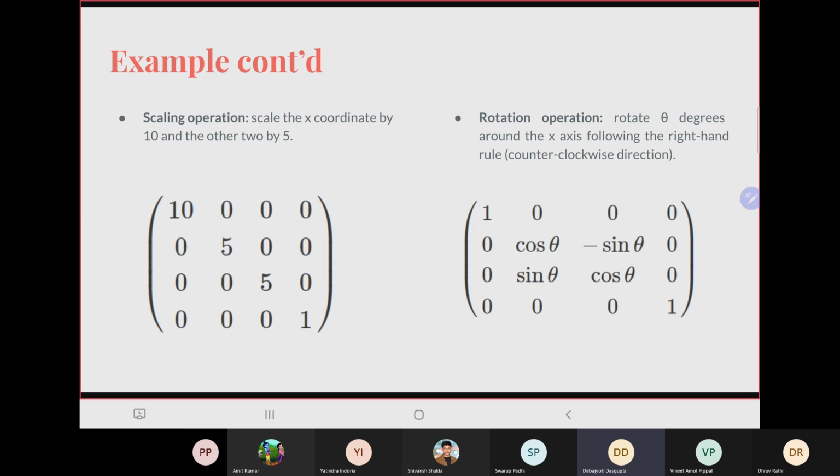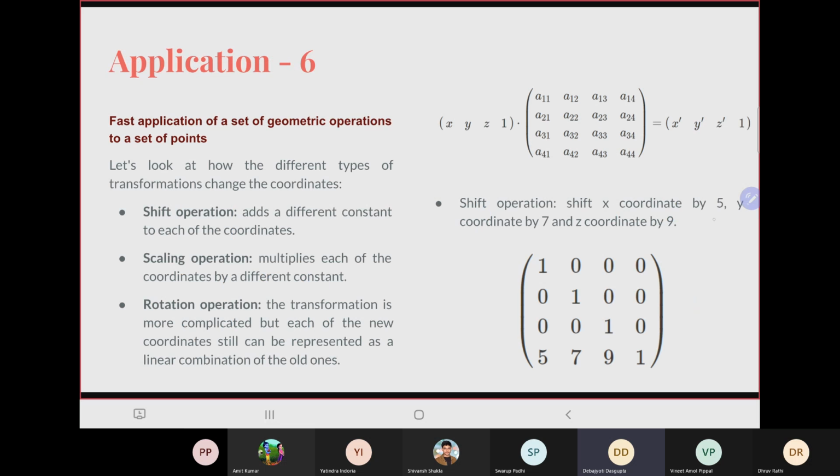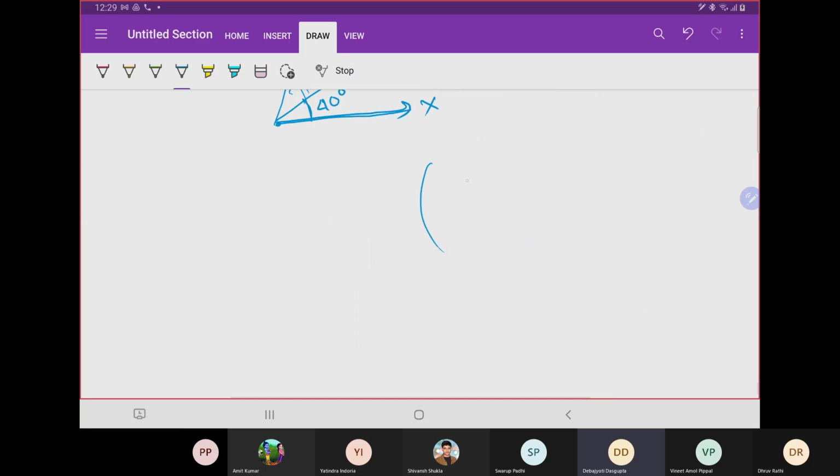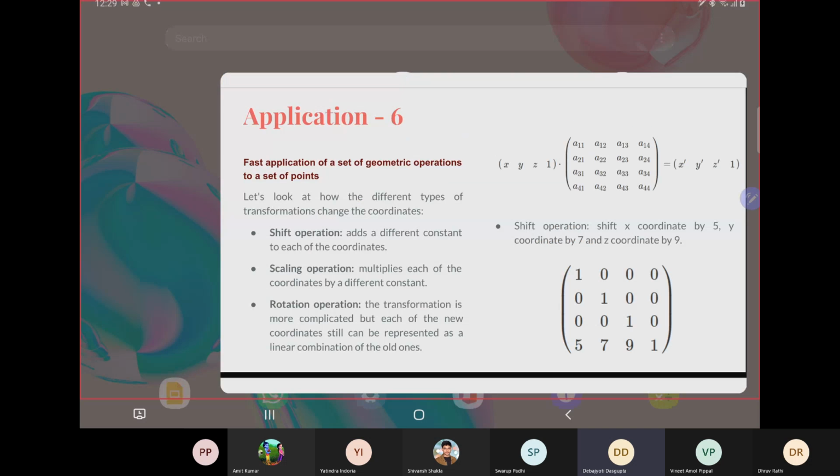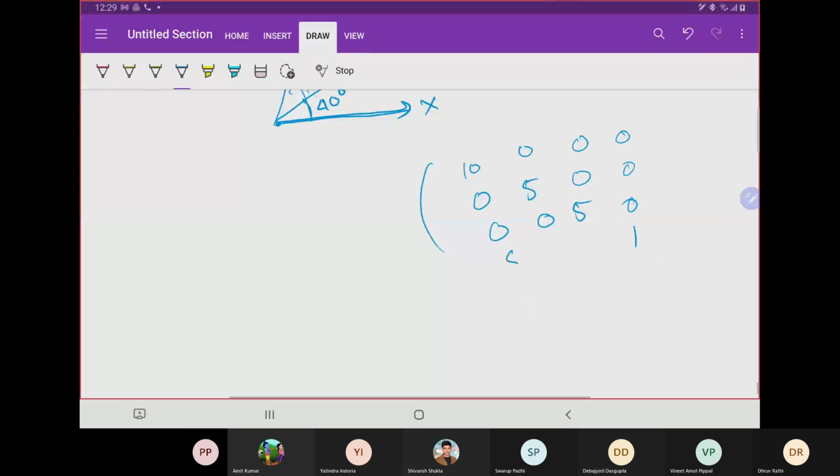When you want to scale the elements, all other elements will be 0 since we are not shifting. The last row elements will come into action only when you are doing shifting plus scaling. If you were doing the previous transformation, shift x by 5, y by 7, and z by 9, along with this new scaling transformation, then the diagonal would have been 10, 5, 5, 1, with zeros elsewhere, and here will come the shift operation, that is 5, 7, 9.